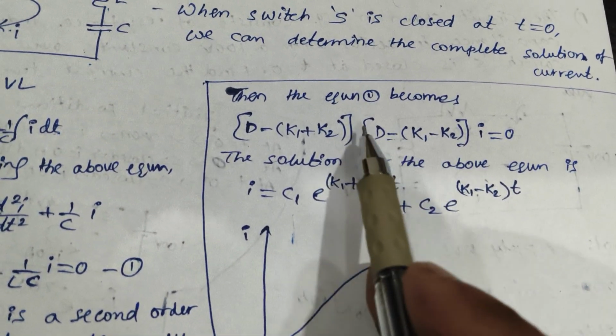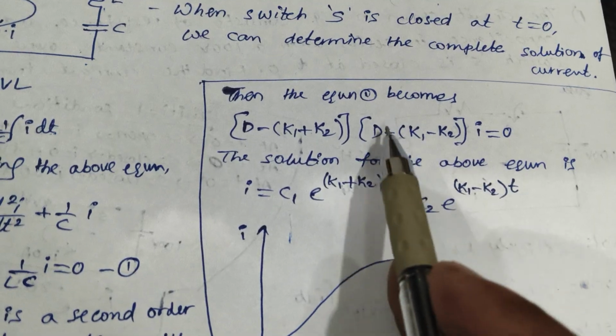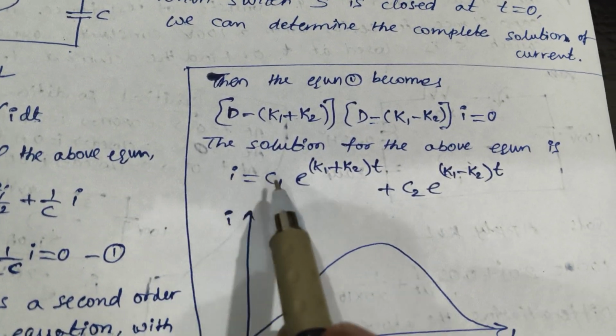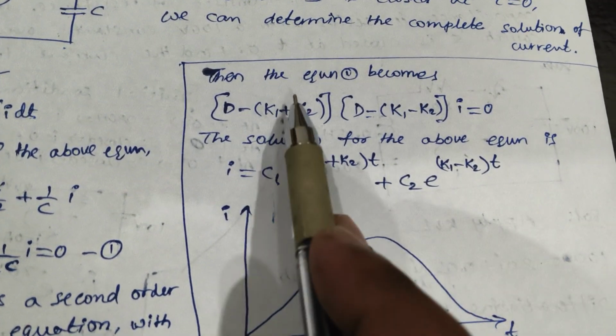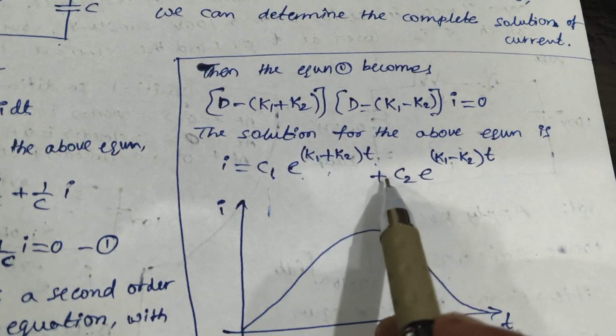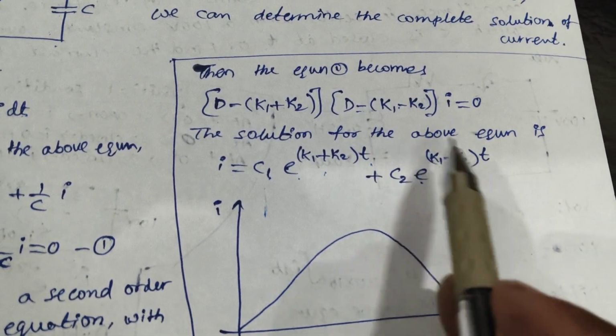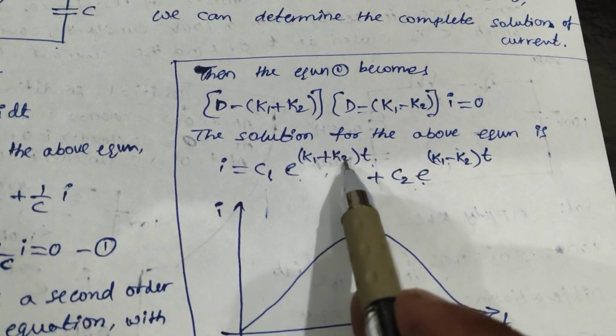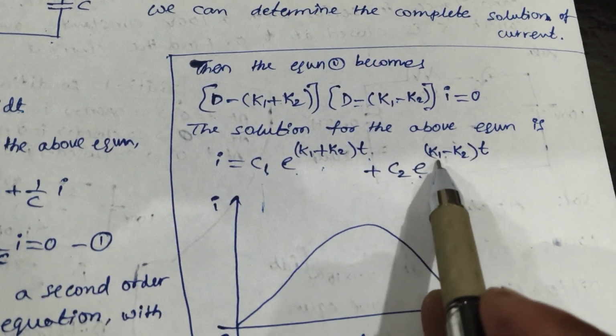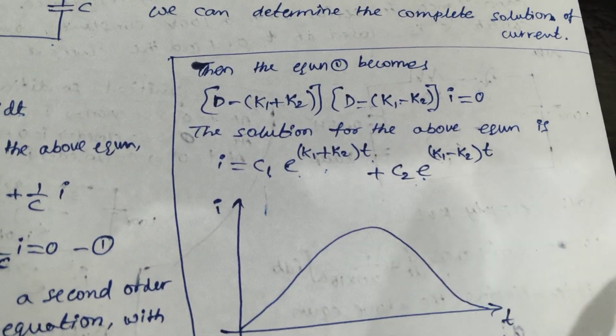The solution for this equation is I is equal to c1 into e power first root into t plus c2 into e power second root into t, that is c1 e power k1 plus k2 into t plus c2 into e power k1 minus k2 into t.